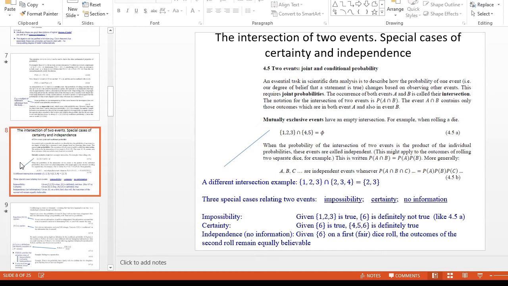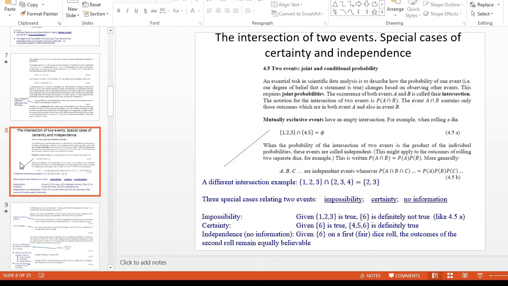If we have events A and B, the occurrence of both events is called their intersection. The notation for the probability of the intersection of events A and B is P brackets A intersection B, where the intersection sign, if you need this in Microsoft Equation Editor, you type \cap and you get the intersection sign.